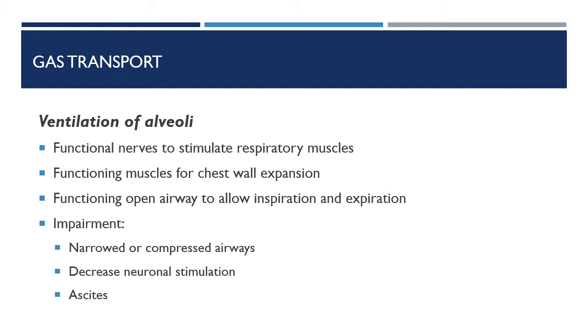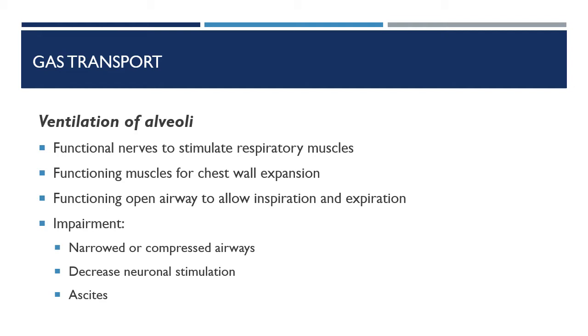What about ascites, which is a huge amount of fluid in your abdominal cavity, typically from cirrhosis, from liver failure? Well, your diaphragms can't really compress downwards anymore. So because of that, you're not going to be able to expand your lungs, and that's because of reduced ventilation from all the fluid that's in your abdomen.